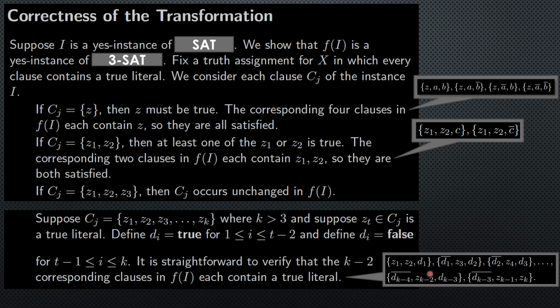That will set all of the other clauses to true, just because the fact that there was a true Z3 meant that we had this unconstrained D t minus 2 and unconstrained D t minus 1. So we have Zt, D t minus 2, D t minus 1. Those D terms are unconstrained, which means we get to set them true to the left to satisfy all the left clauses and false to the right to satisfy all the right clauses. Okay?